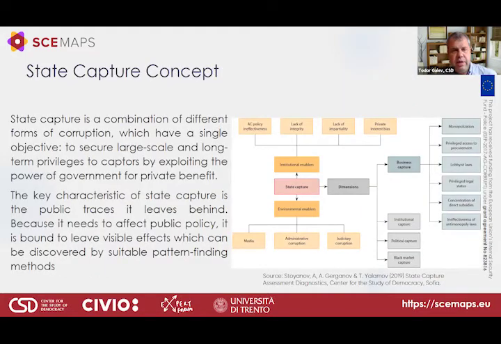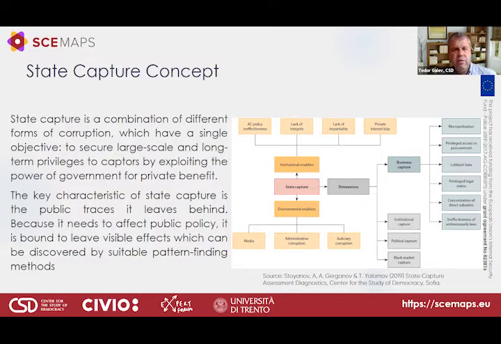I will not stop here because Alexander already showed you this model. As you can see, we use the same theoretical model and theoretical framework for the state capture concept in all of our methodologies. So they are consistent with this.